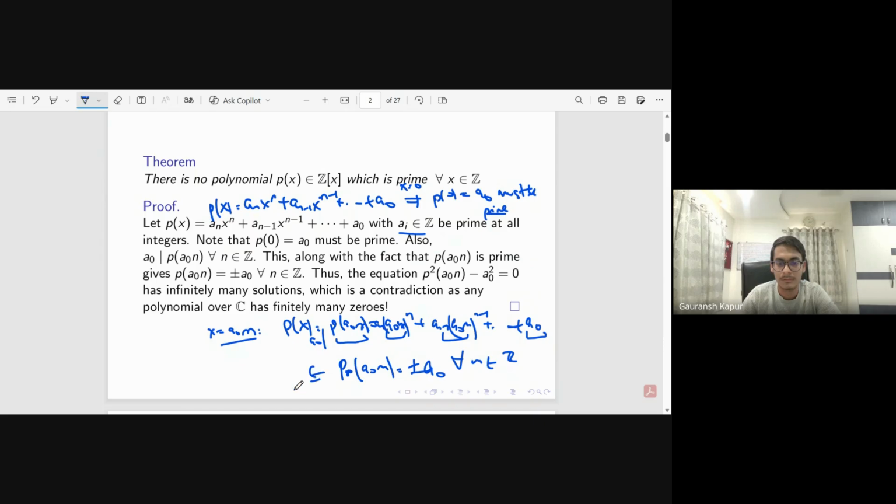So after squaring both sides, we get p squared of a_0 m minus a_0 squared equals 0. This is a polynomial of degree 2n, and our hypothesis shows that this should be true for all m in Z. So we get a polynomial equation of degree 2n which has infinitely many solutions, but we know that any nonzero polynomial over C has finitely many zeros.